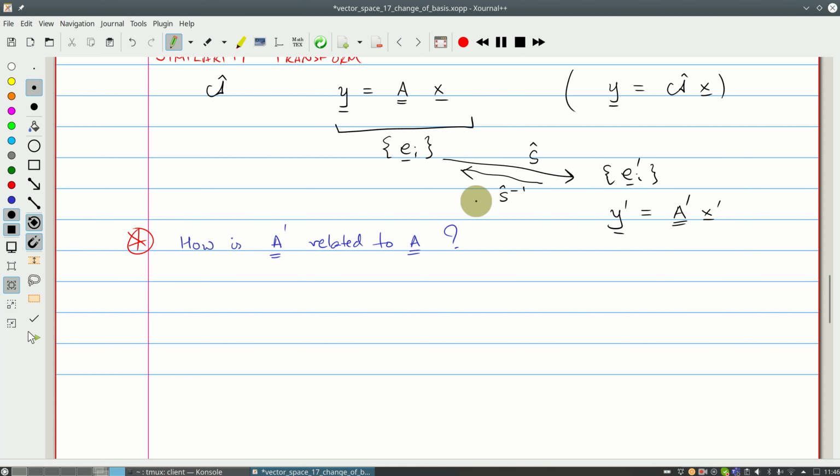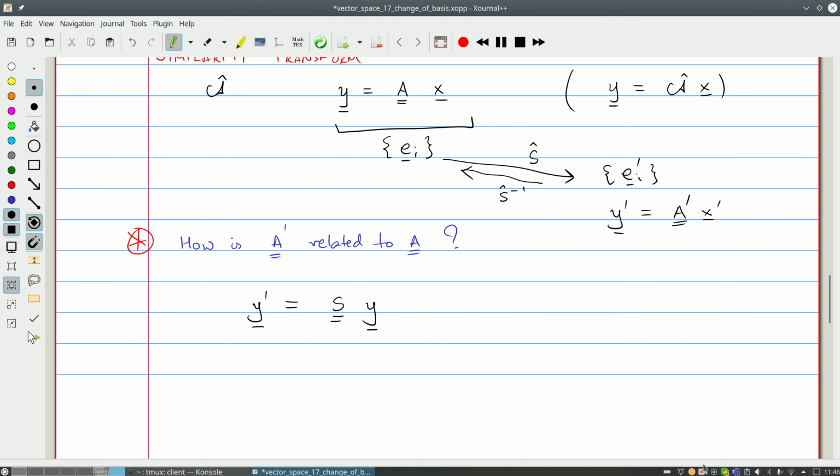So let's put on what we know. We know how y prime is related to y and how x prime is related to x. So the y prime, oops, that's a vector, not a matrix, is related to y through this operation S.